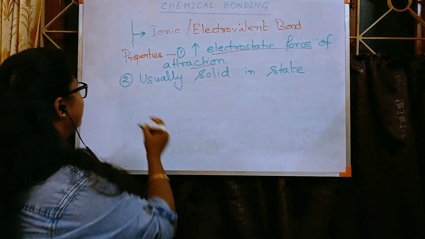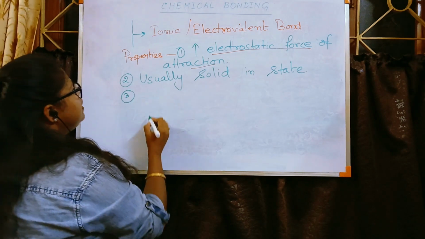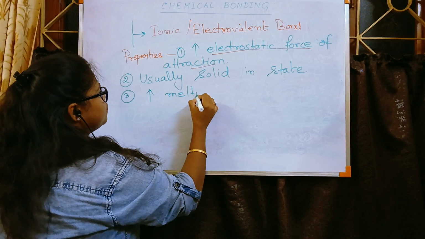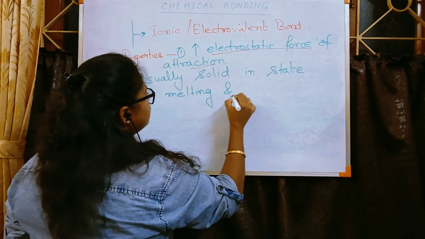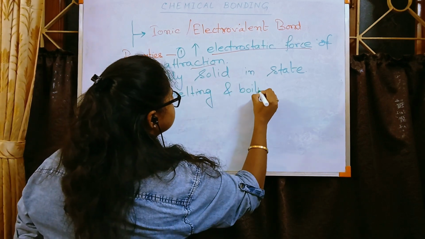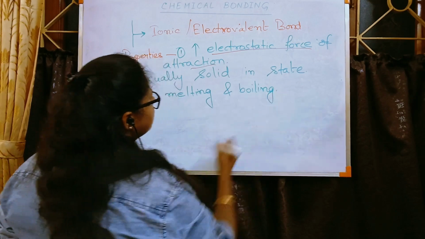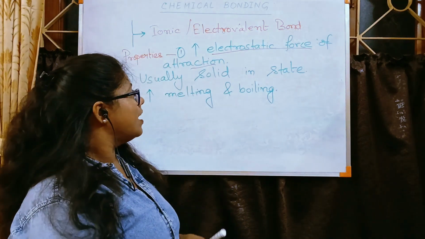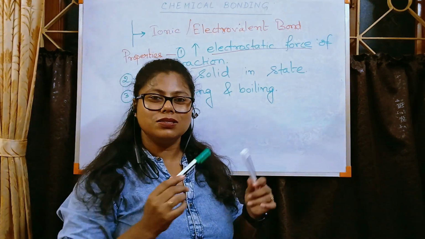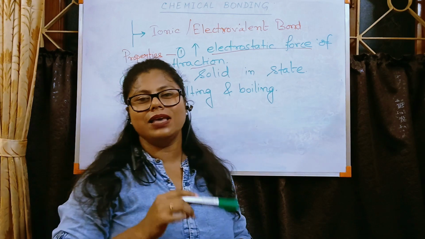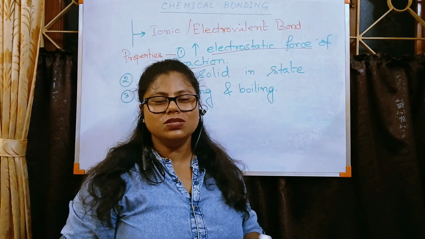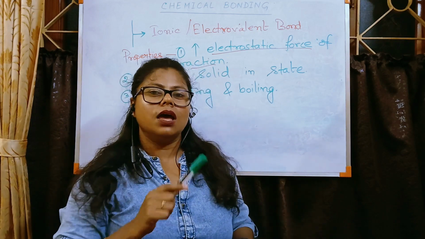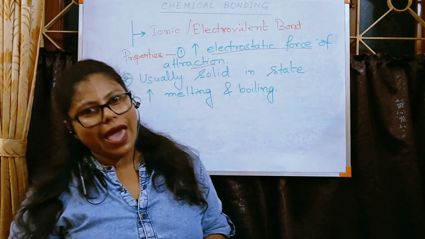Okay. Next property, they have high melting and boiling point. Now just tell me, what is melting? Melting is changing of a solid state to liquid. Ice melts into water. That means we are changing the state from solid to liquid. Boiling is changing from liquid to gas.